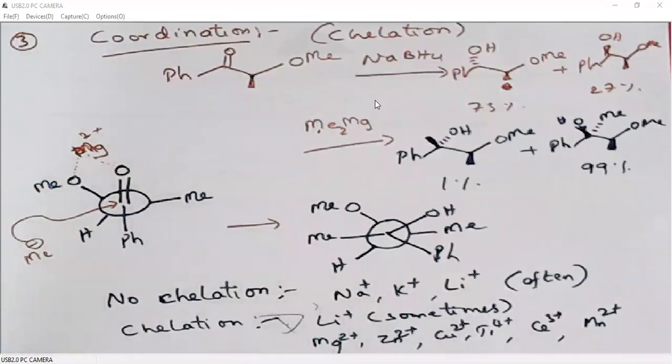So for chelation, we must have a more electronegative atom as well as one of these cations in the reaction mixture.